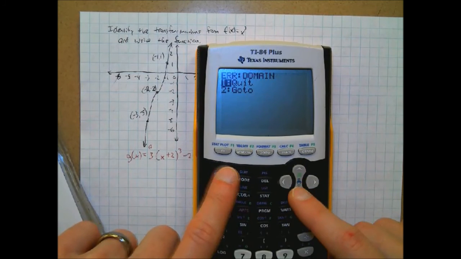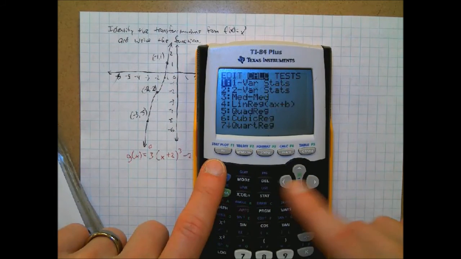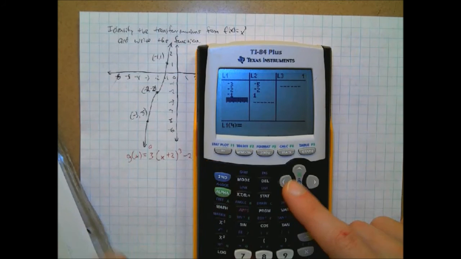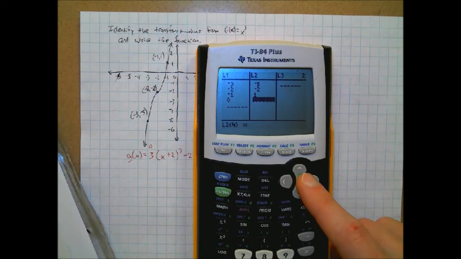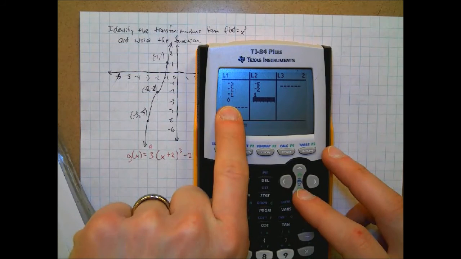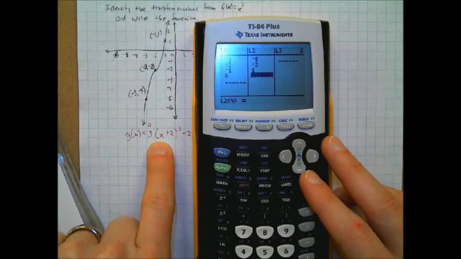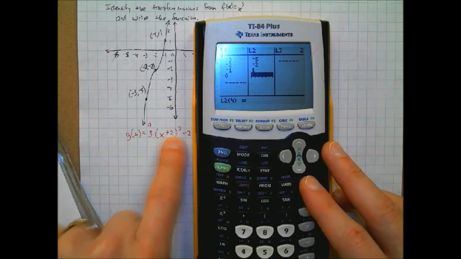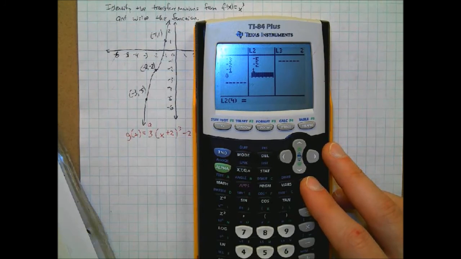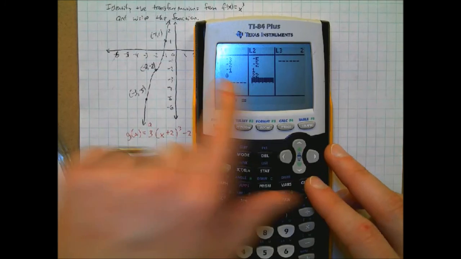So it looks like for a cubic regression, and I think that makes sense to me actually, you'll need to have 4 points in there. So what I did is I just picked another x value of 0. I plugged 0 in here, so 0 plus 2 is 2, cubed is 8, times 3 is 24, and then minus 2 is going to give me 22. So I put in the point 0, 22, and then it allowed me to do it.